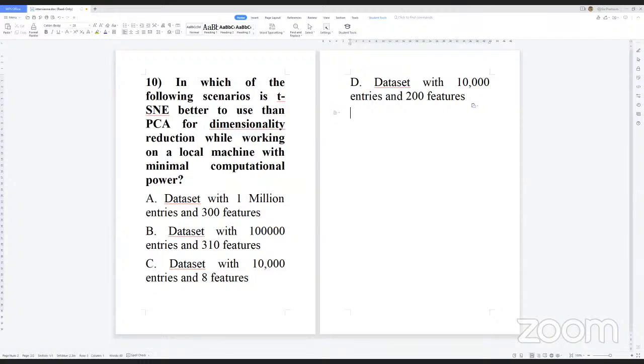And the explanation would be that t-SNE has quadratic time and space complexity. Thus, it is a very heavy algorithm in terms of system resource utilization. So the answer would be option C. Okay, we'll go for the next question.